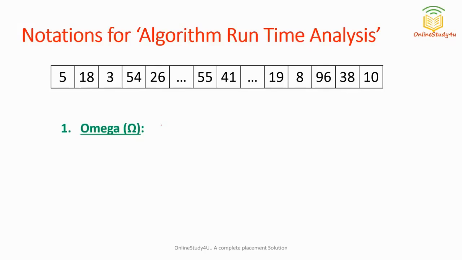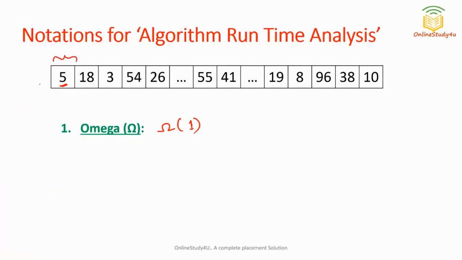So the omega notation, not big O, will be omega of 1. Why? What will be the best case scenario? The best case is that we are searching for 5 in this array. How much time will it take? One cell takes, suppose, 1 unit.